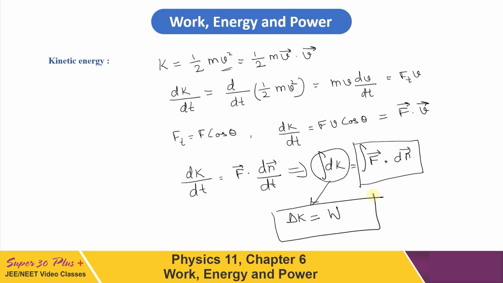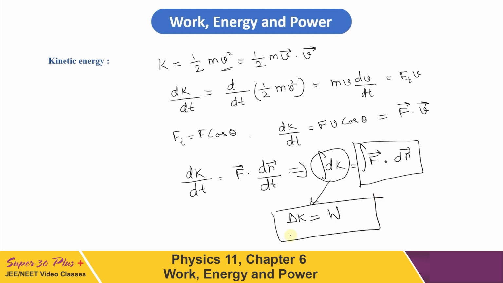It is not specified what kind of force this F will be. So the work energy theorem is that change in kinetic energy is equal to work done due to all kinds of forces. Whatever be the kind of force, it can be external, internal, conservative, non-conservative. Later we will see what conservative and non-conservative forces are.